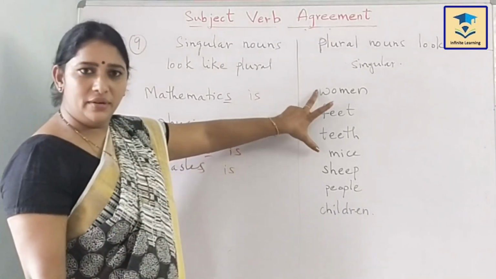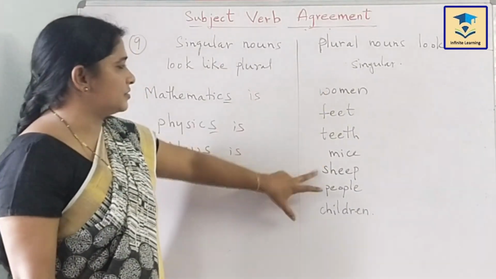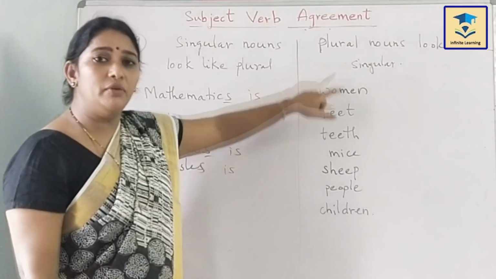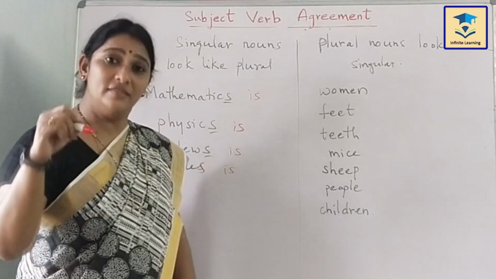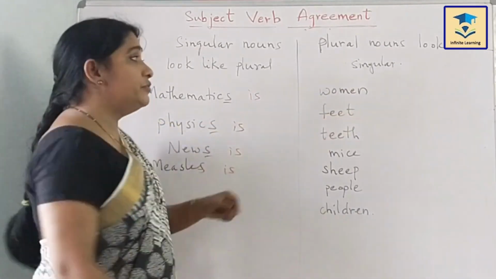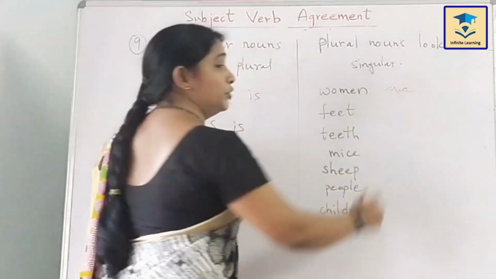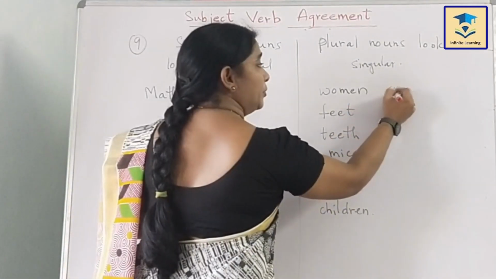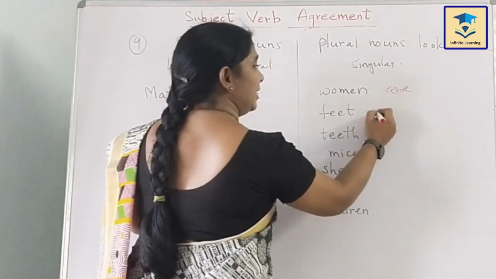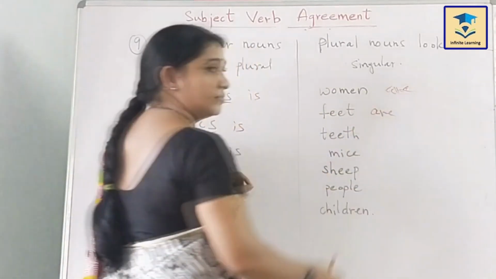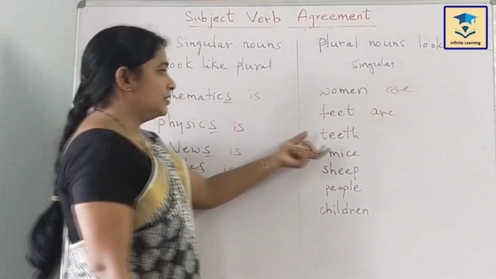But this is different in these areas. Women is actually plural. W-O-M-A-N, singular. W-O-M-E-N, plural. Women are beautiful. My feet are dried.